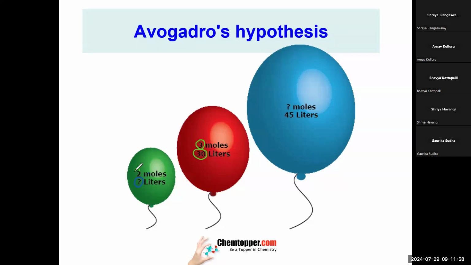So if the moles are 2, how much should be the volume? Yes, Shreya, very good. It should be 20. Ratio 3 is to 30 means 1 is to 10. Then if I multiply this 1 is to 10 by 2, because here there are 2 moles, it becomes 2 is to 20. Can you work it out here?